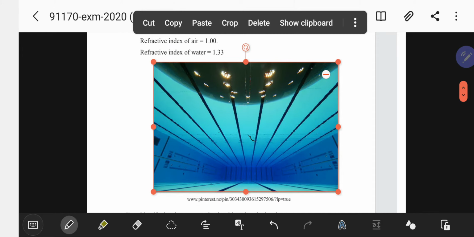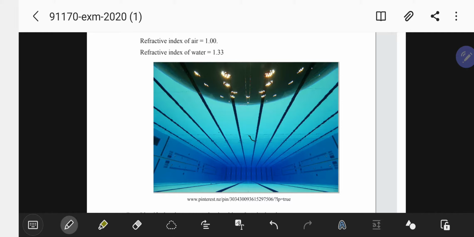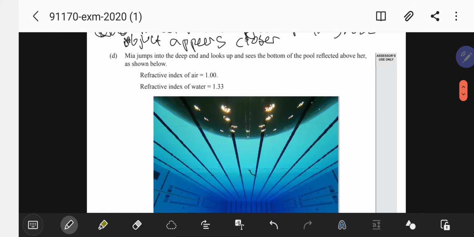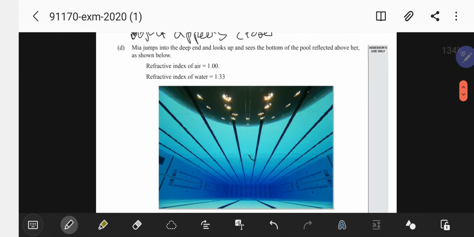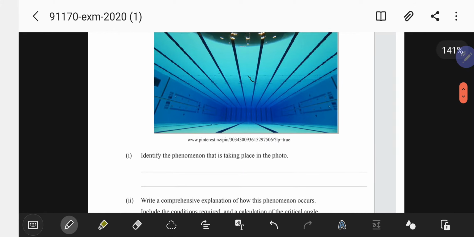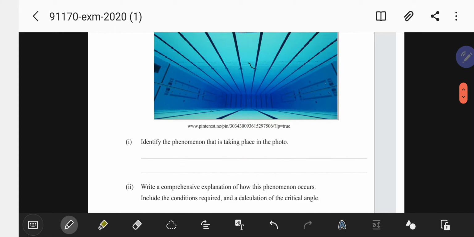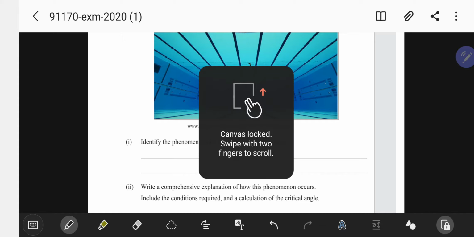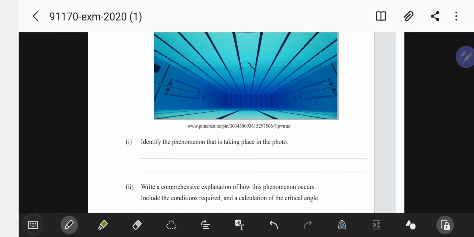I've just put it in. Identify the phenomenon that is taking place. So the phenomenon that is taking place is total internal reflection, not total internal refraction. So total internal reflection.